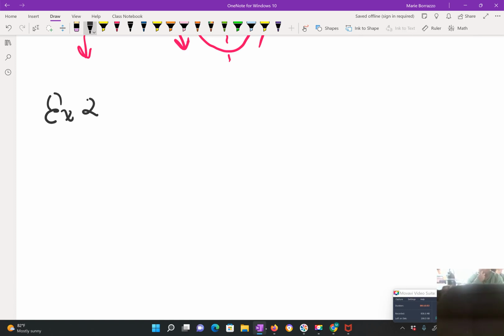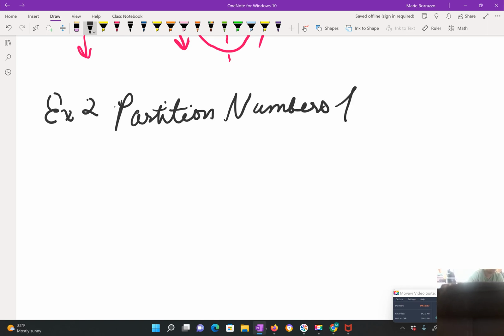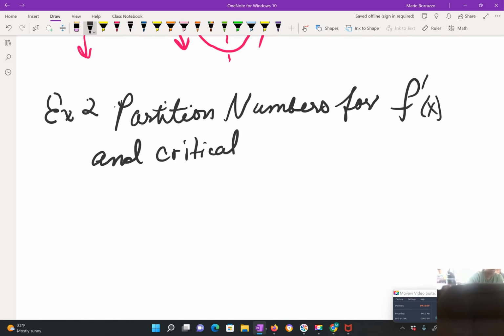And so we refer to this as partition numbers for the first derivative, f prime x, and critical numbers of f.